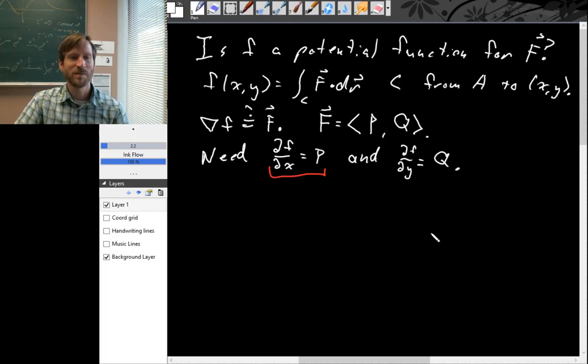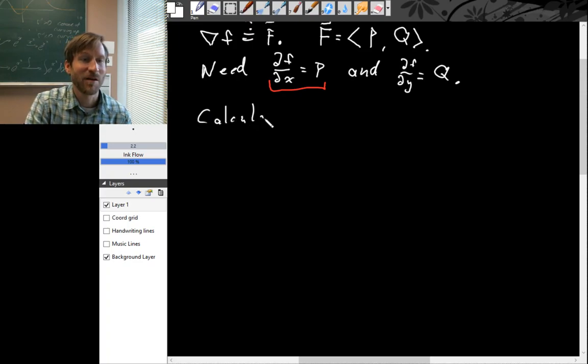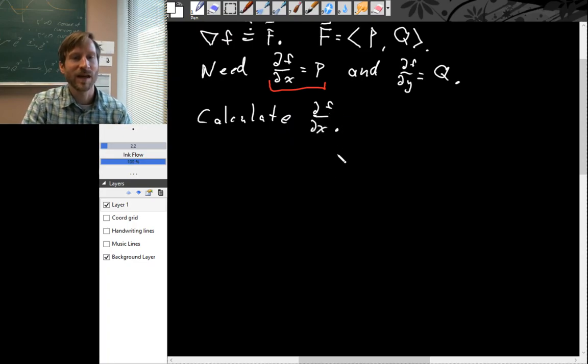Let's take the first one. So now we need to calculate somehow partial f partial x. The problem here is that we don't know very much about the function little f.